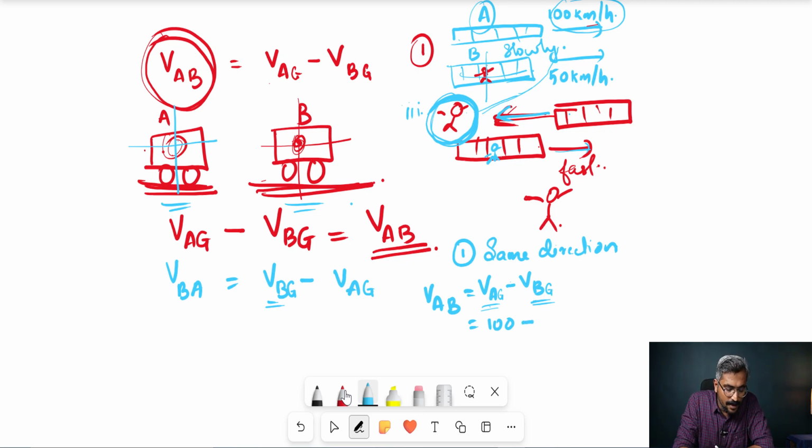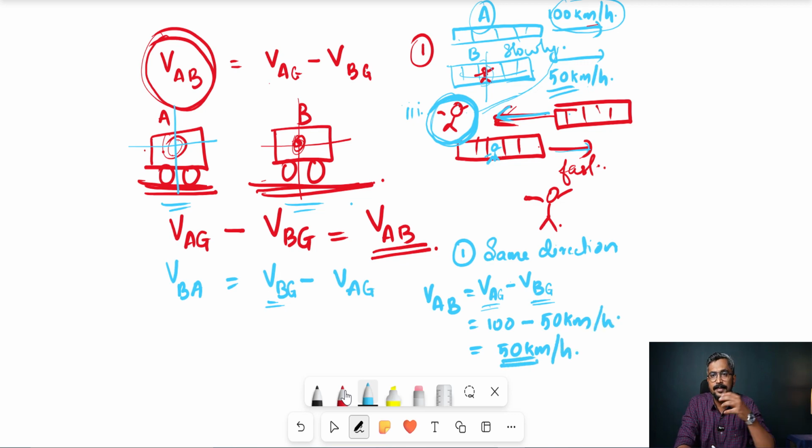So minus VBG. What is this? VBG means the velocity of the second train, in which I am sitting, with respect to the ground, and that is nothing but 50 kilometers per hour. So 100 minus 50 is 50 kilometer per hour.